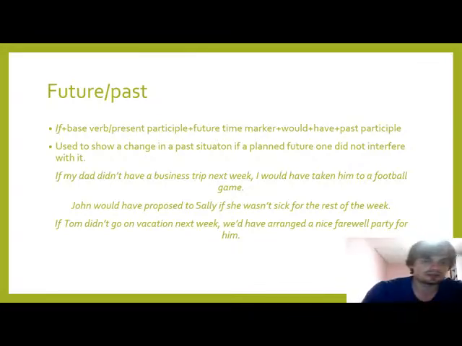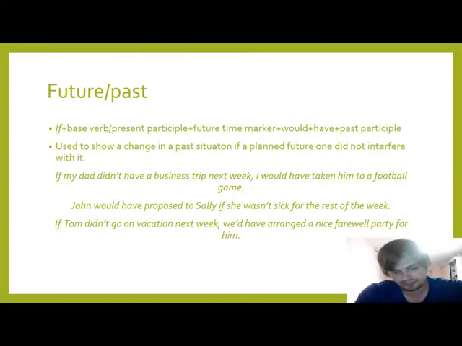Next up, we have an example which reads, John would have proposed to Sally if she wasn't sick for the rest of the week. So we have Sally. She is sick right now, and she's out of commission for the rest of the week as well.